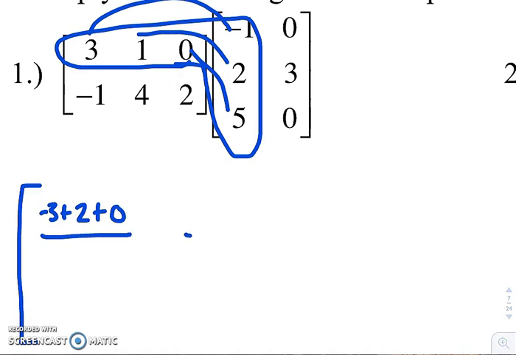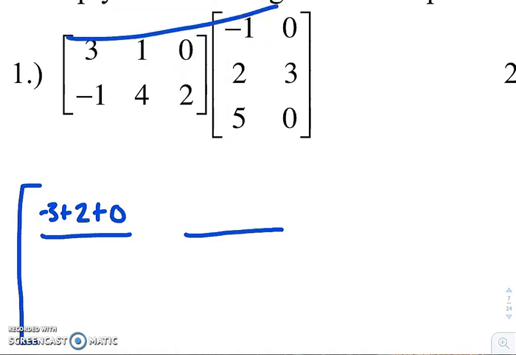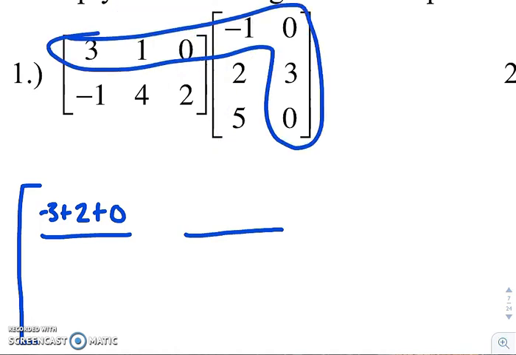The second value in your matrix is going to be that first row times the second column. So 3 times 0 is 0. 1 times 3 is 3. 0 times 0 is 0. The more you practice these, the easier it will get. It really does just take practice to get a hang of it.